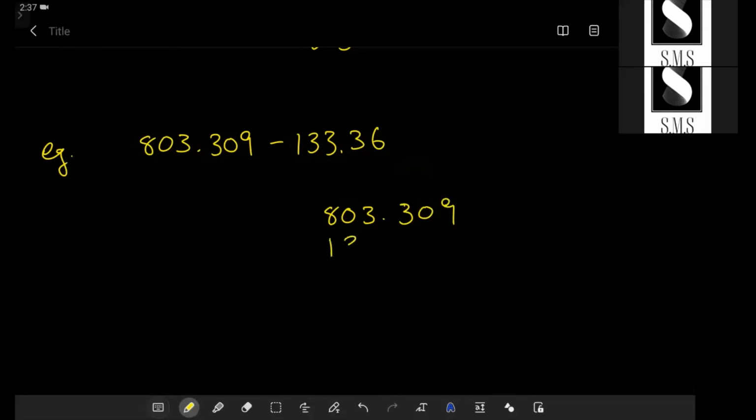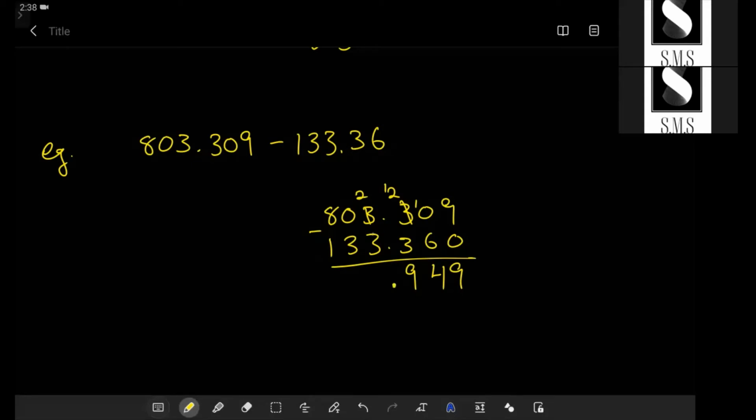So we have 133.360. Subtraction. 9 minus 0 is 9. 0 cannot subtract 6, so we need to borrow. So that will give us a 2. 10 minus 6 is 4. 2 cannot subtract 3, so we need to borrow. So this will turn to 2. 12 subtract 3, that is 9.